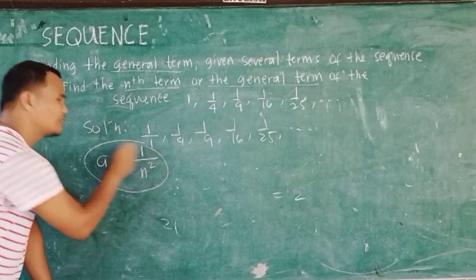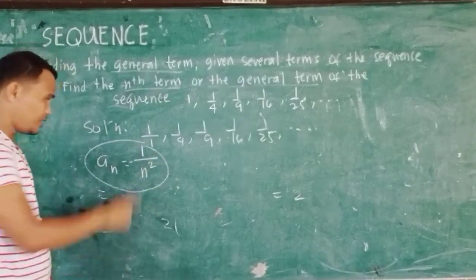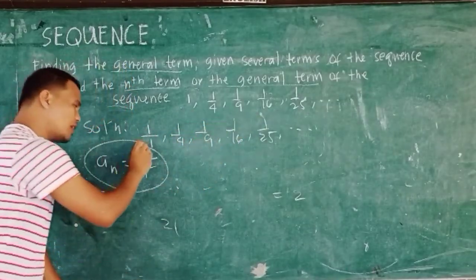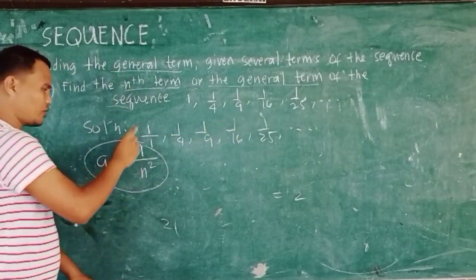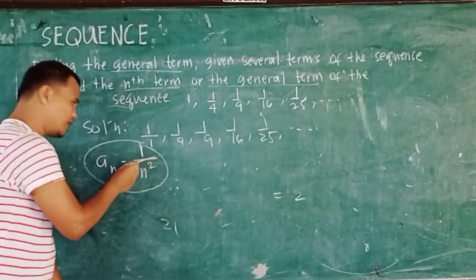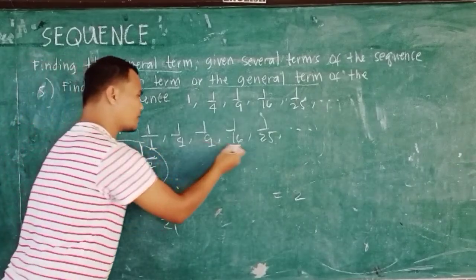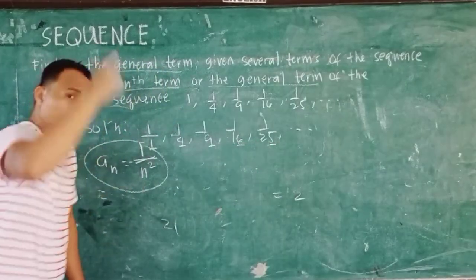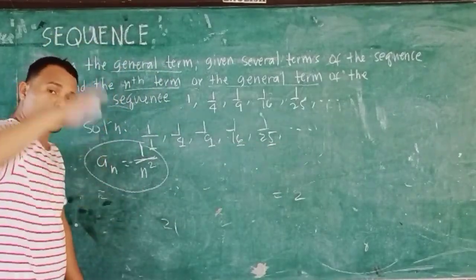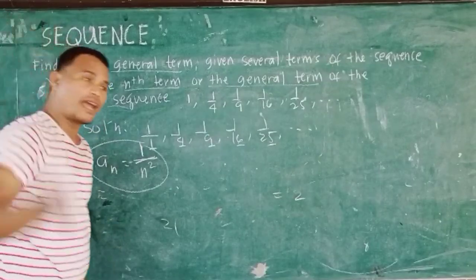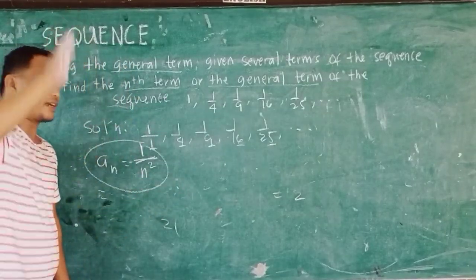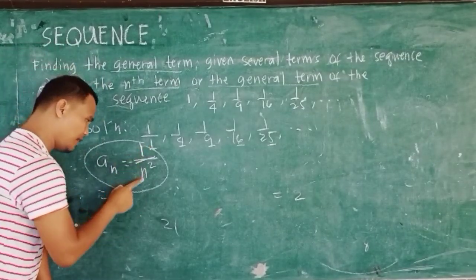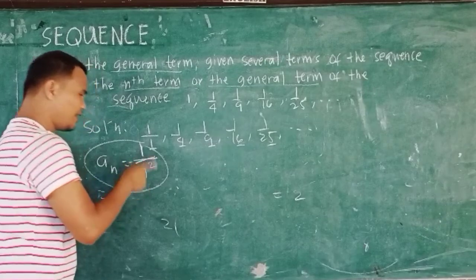This is now our n-th term. Again, the numerator is constant, it is always 1. So our numerator should be always 1 over, kung iyong tanawang ang atong denominator are perfect square numbers. Therefore, ang atong denominator ato is square of n. So, n squared, because all numbers that are squared are perfect square numbers. So here, n squared, where n is equal to 1.